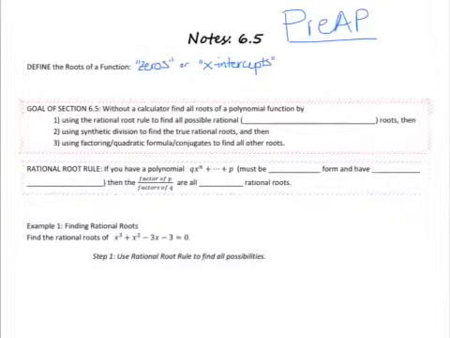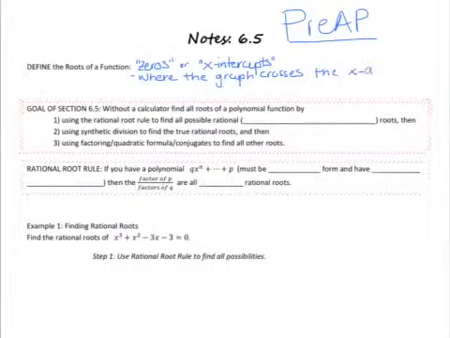Alright, so this is where the graph crosses the x-axis, or when y equals 0, it's whatever x equals.